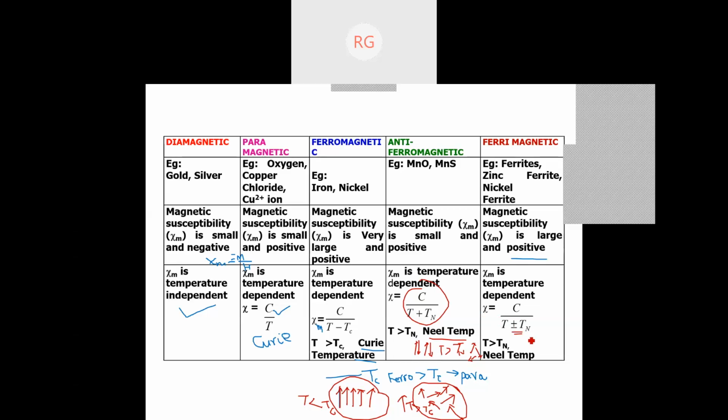Up to Tn, they are ferrimagnetic materials called ferrites, and after that, they are paramagnetic materials. These are the classifications of various materials based on the behavior of magnetic materials in an externally applied magnetic field, the magnetic susceptibility, and the temperature dependence of magnetic susceptibility.